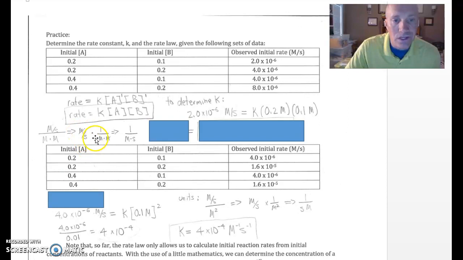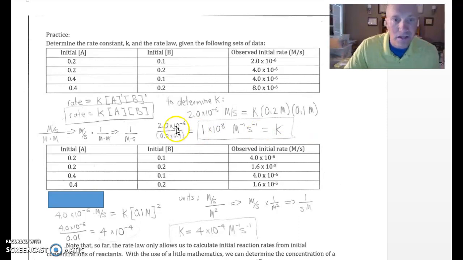One of your molars cancels out, and you end up getting 1 over a molar per second. So this is the numerical part. We take this and we divide it by the numbers over here. And so our answer, instead of writing the unit as 1 over a molar per second, you just write them as the negative exponents of that.